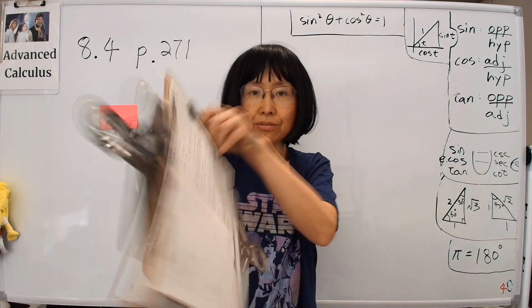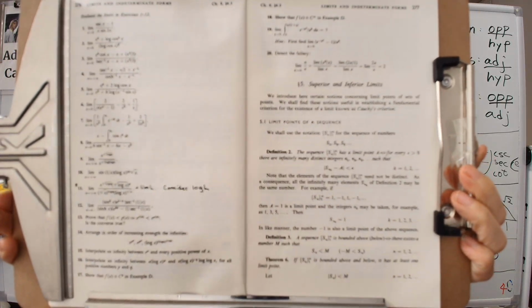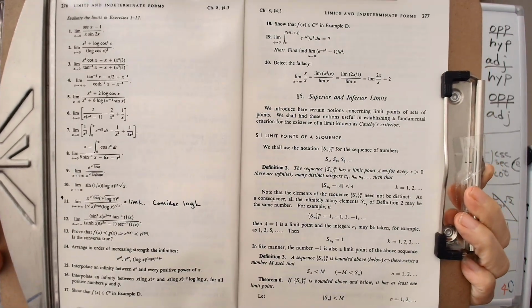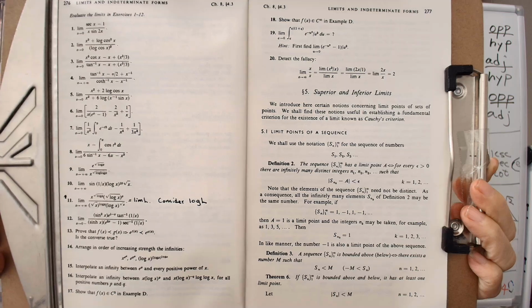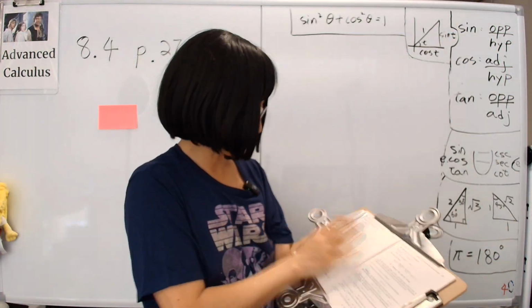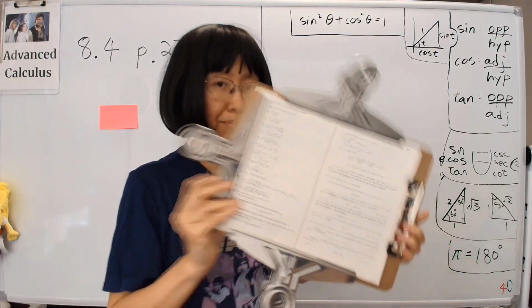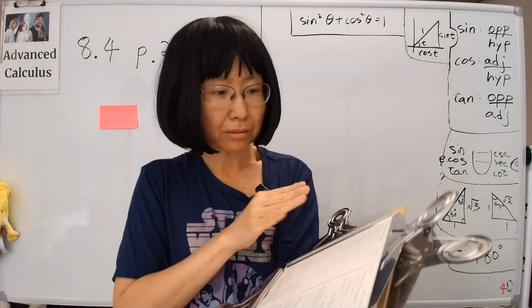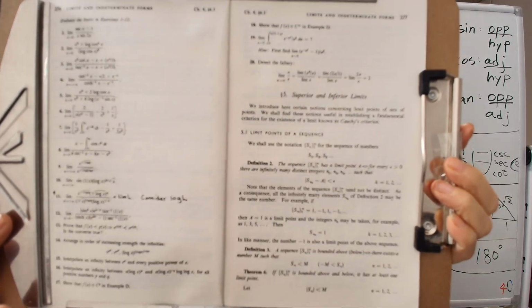Lastly, page 276. And let me see, is this not level? There. Let me see if that's better. It still doesn't seem very level. I guess it's tolerable.